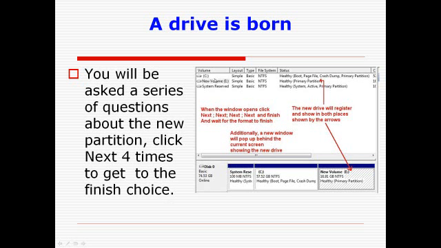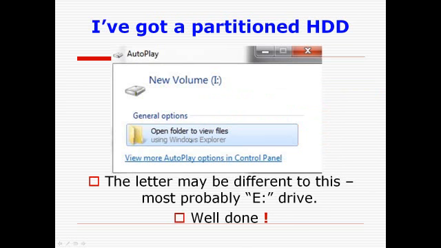As you can see in the diagram, it will suddenly pop up where you've got a new volume, in this case E drive. The C drive will have shrunk down by 17 gigabytes and this new space will have opened up. When you've finished doing the partition on the hard drive and close all the windows, you'll see this new window behind all the others which says new volume, probably E.